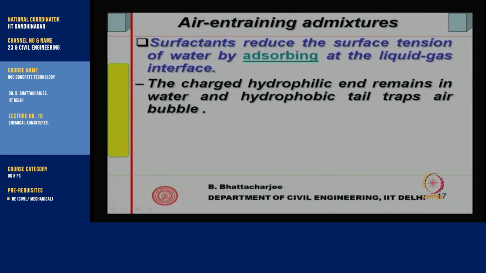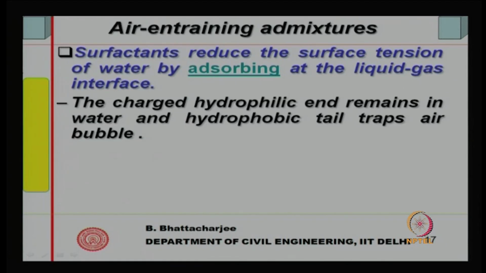So, at the air water interface they would be there, on the water side the charged part remains in contact with water, and the hydrophobic tail traps the air bubble.